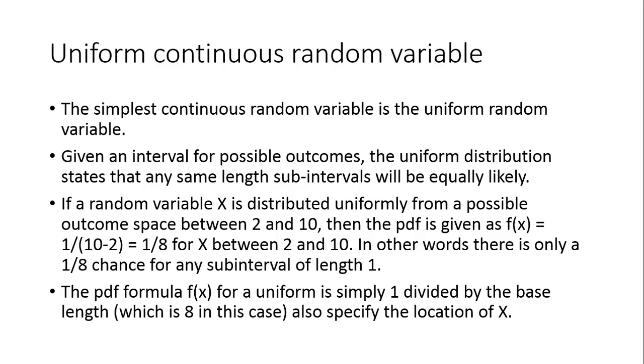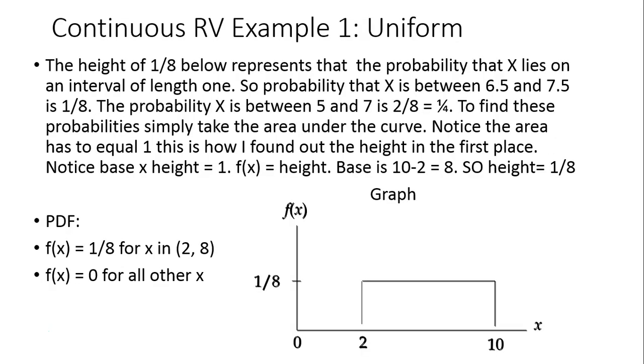So I'll give you an example here. This is how the random variable might look. If I tell you X is distributed uniformly between 2 and 10, that means it can take on any value between 2 and 10.